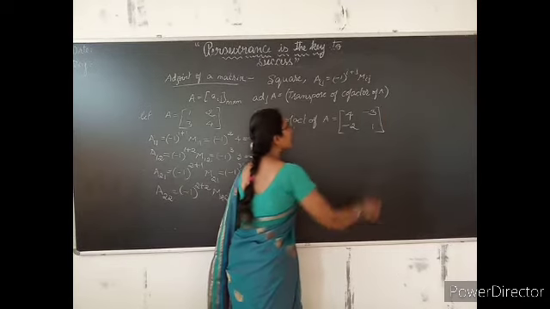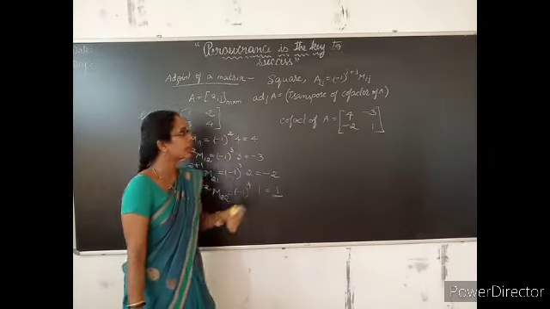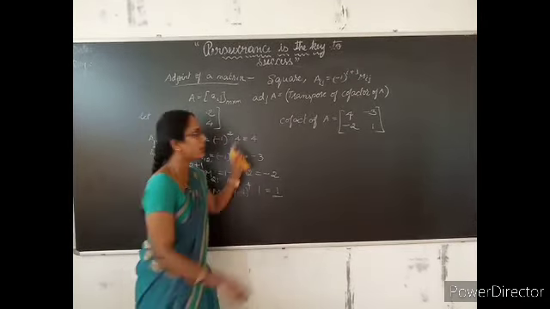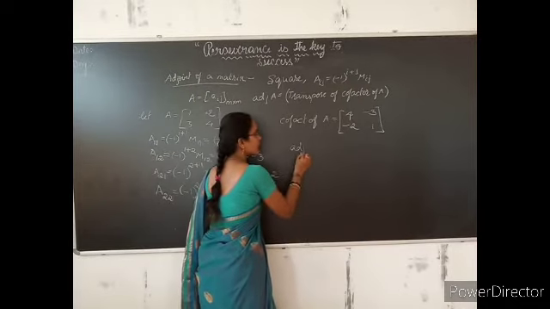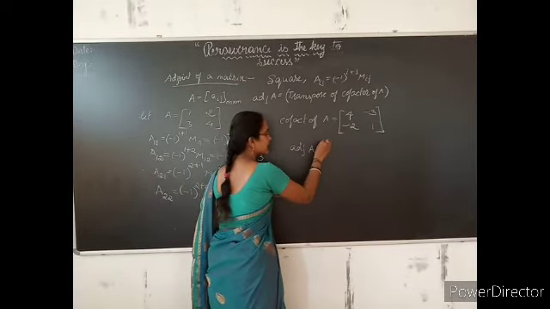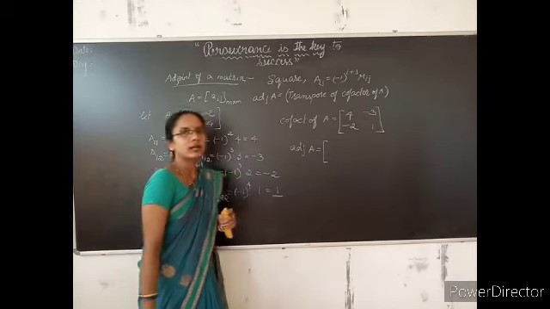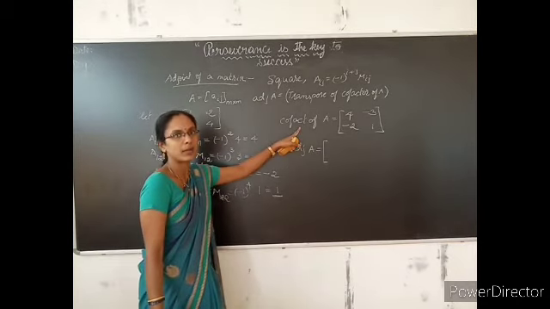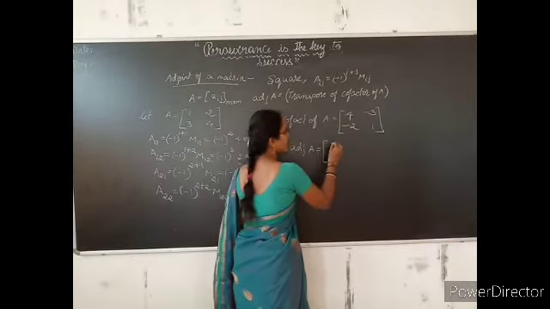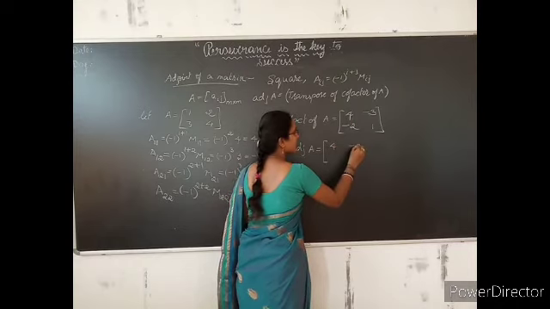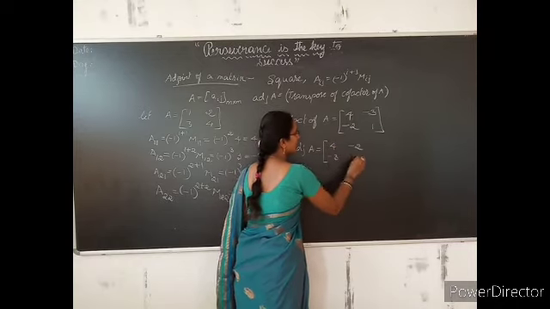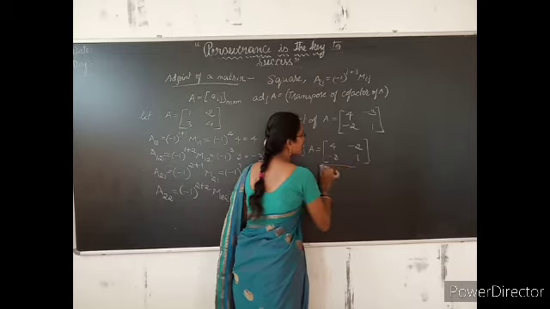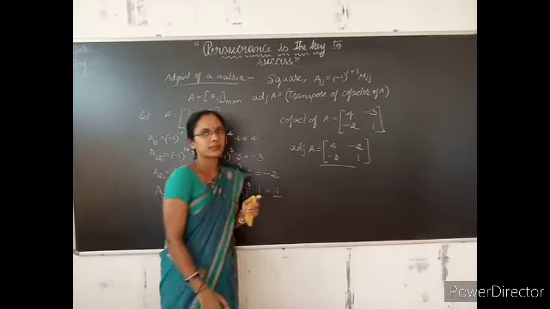So this is the cofactor of the matrix A. We have to find the adjoint of the matrix. So adjoint of the matrix A is, take the transpose of the cofactor matrix A. So take the transpose: 4, minus 2, minus 3, 1. So this is the adjoint of a matrix A.